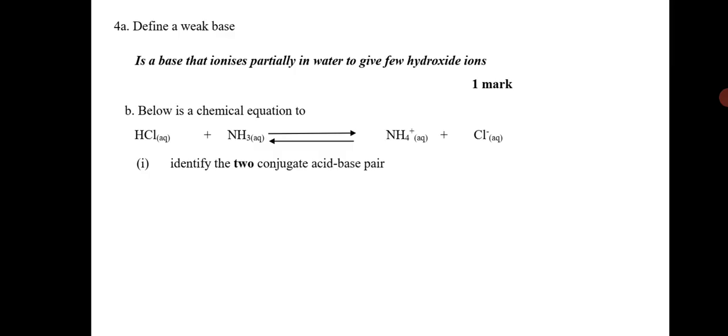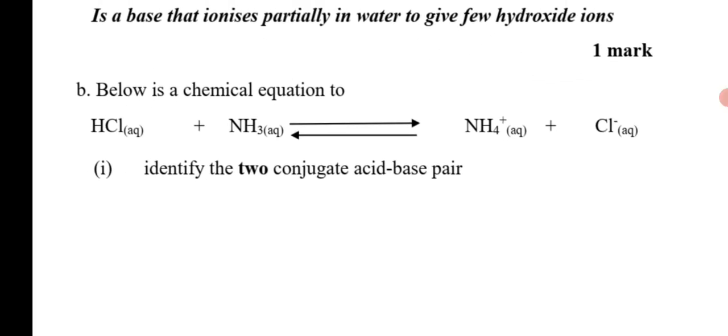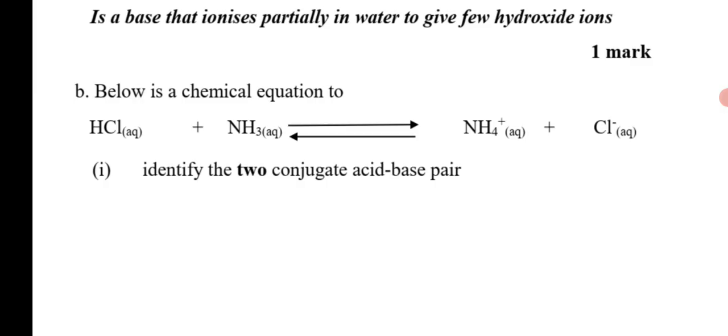Identify 2 conjugate acid-base pairs. Remember that conjugate acid-base pairs are species in this kind of equation which differ by just 1 hydrogen atom.